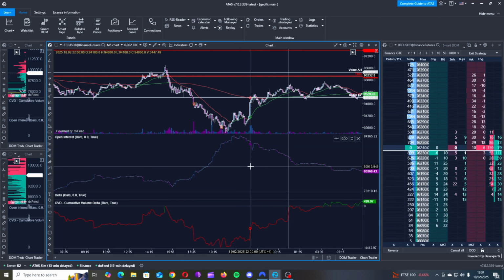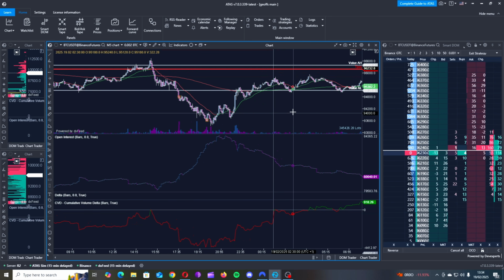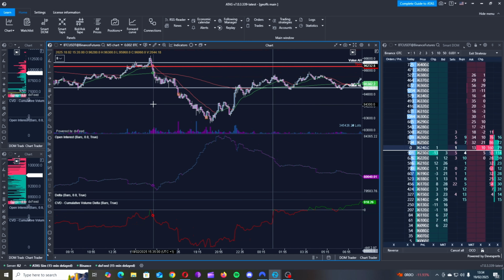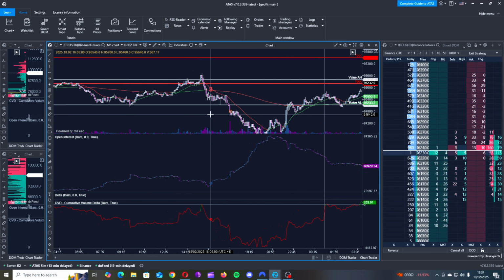So this is why I like to use this platform. So yeah, let's have a little look at BTC yesterday and see where we could have taken this short on BTC. I didn't really trade much yesterday, but there were opportunities to trade with BTC.